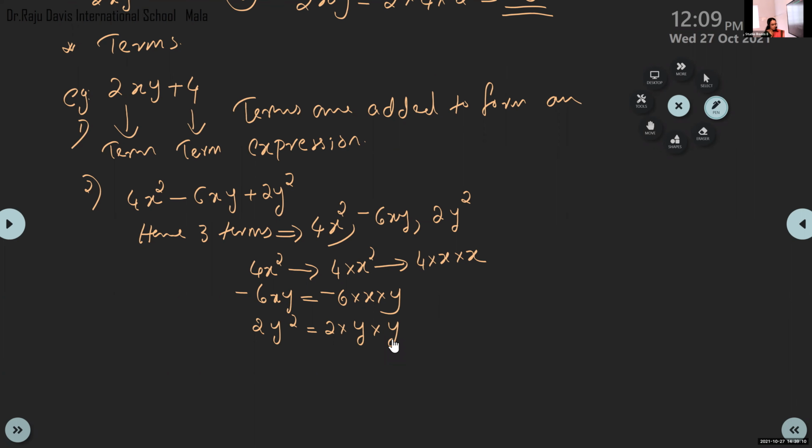Therefore, this is another point: terms can be a product of factors.